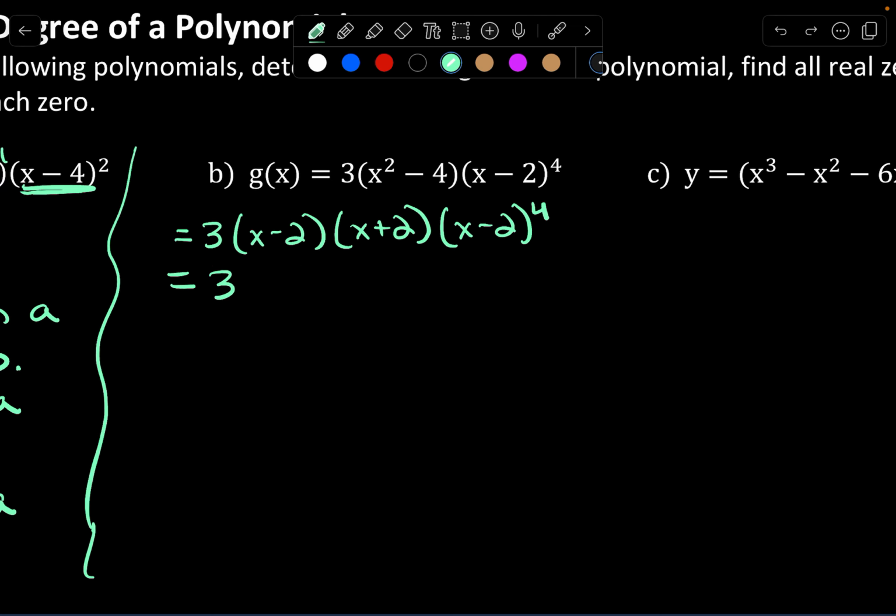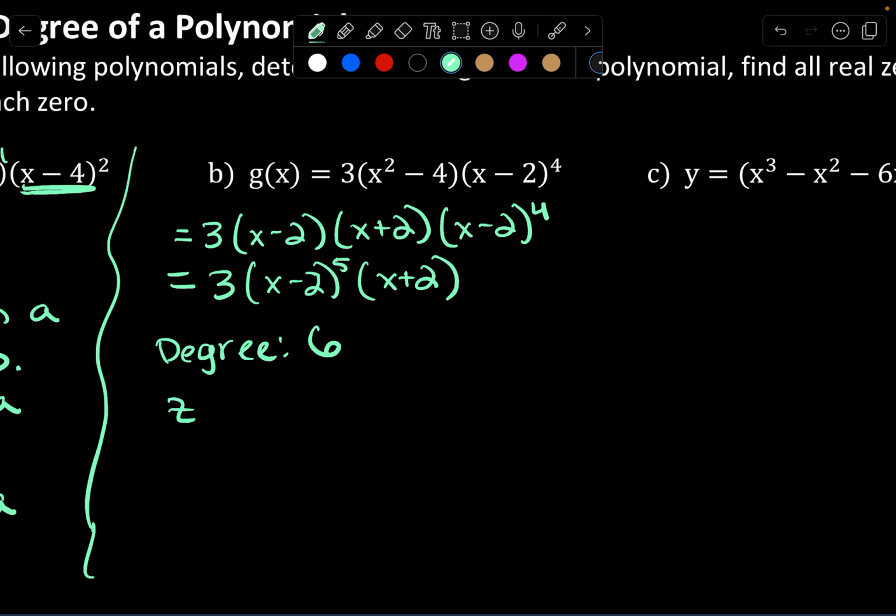So we'll have 3 times x minus 2 raised to the fifth times x plus 2. So again, we have another degree 6 polynomial, because I can see this x here. Technically, it's x to the fifth if I expand all of this and multiply those out. And then we have another x, so it will be x to the power of 6, so degree 6.